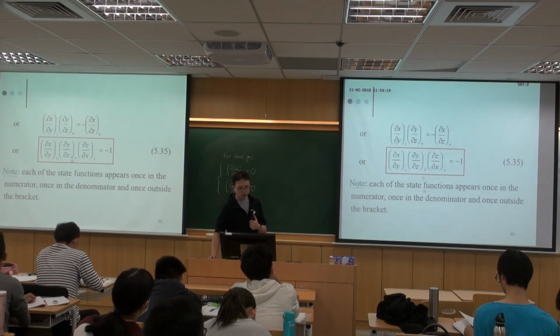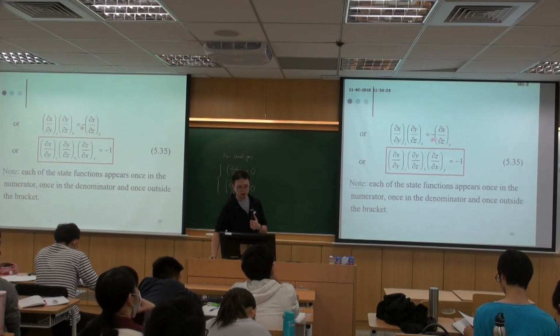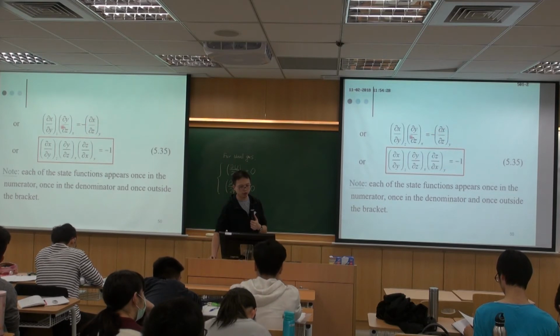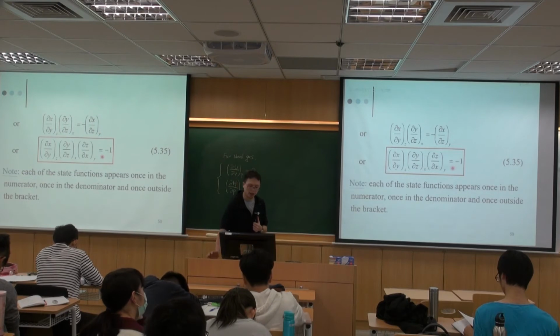And if you further take the derivative, like partial x, partial z over here, there's this minus sign that you have to consider. So if you move this to the left-hand side, you'll end up with -1 here. So it's not 1.